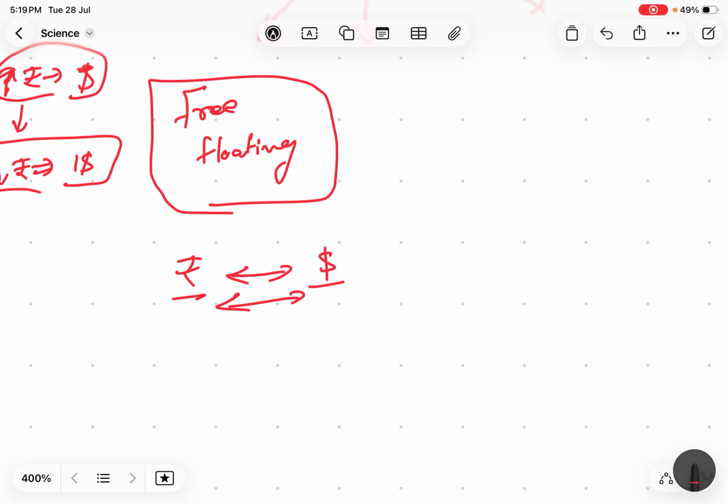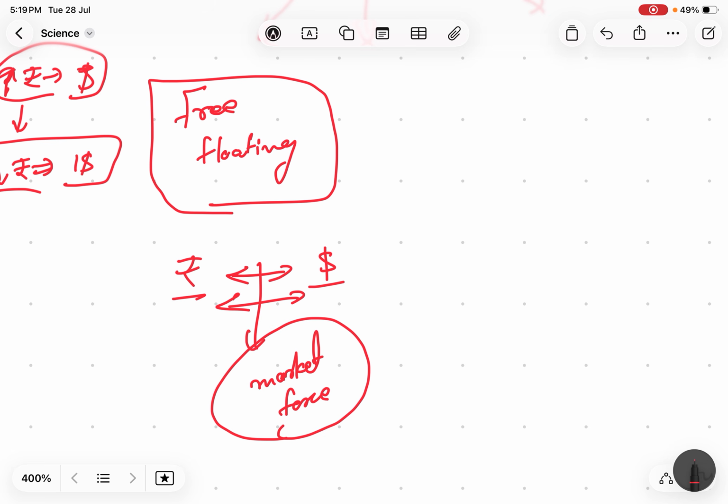Their values relative to each other are determined by market forces. Where market forces dominate the currency exchange rate, that is called free floating, meaning nobody is regulating the currency's value against other currencies.